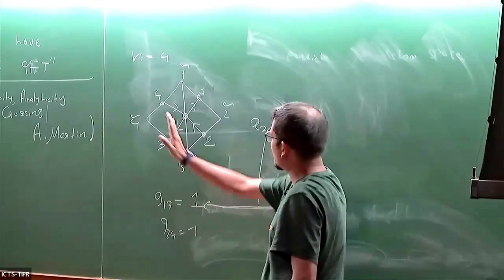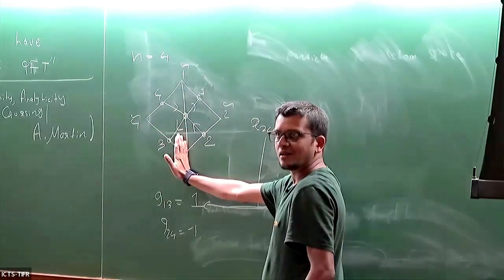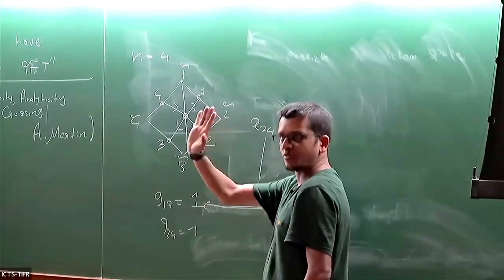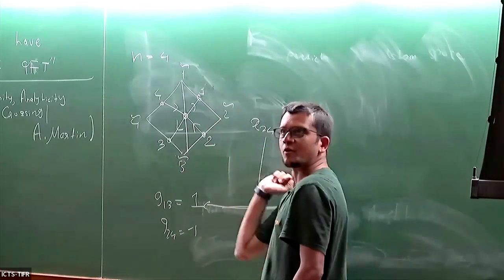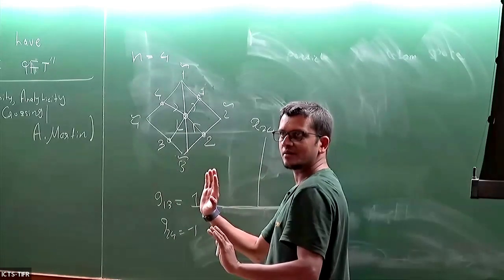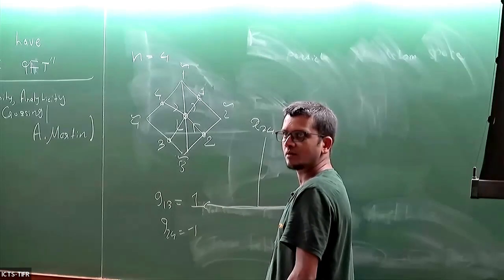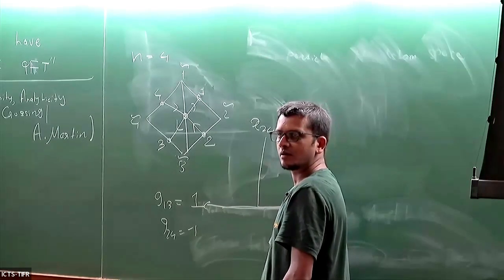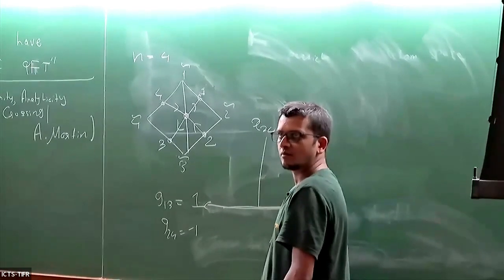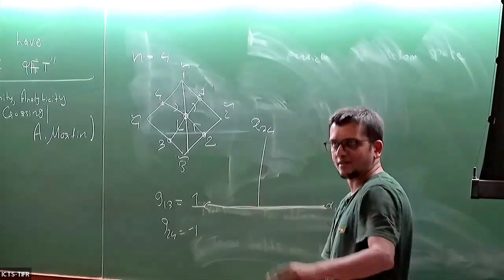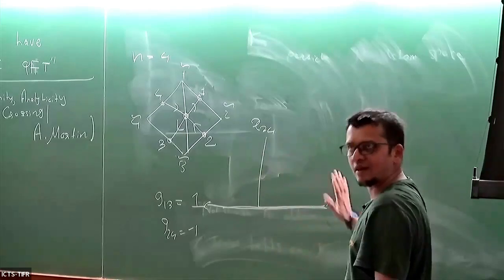Because I fixed one reference chord, once I say that G13 is a unit vector along x13, then G24 becomes the one in the opposite direction. That's all. So you're sort of living on the space where x13 is equal to minus x24. That's what you're saying. I haven't come to that yet, but yes, you are right, absolutely. So far we're kind of living on that.